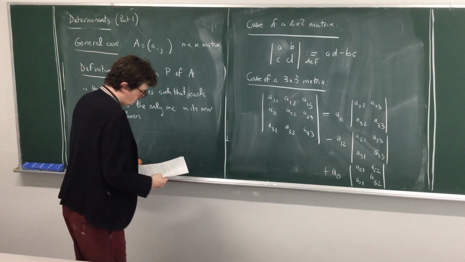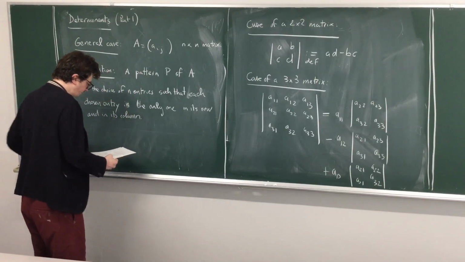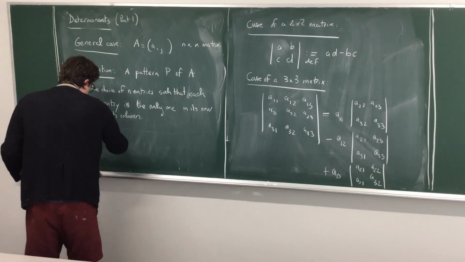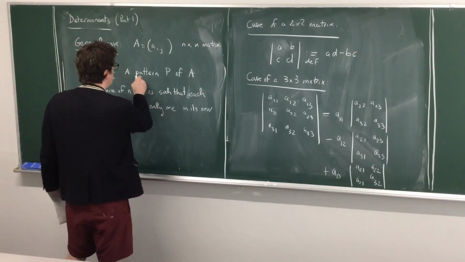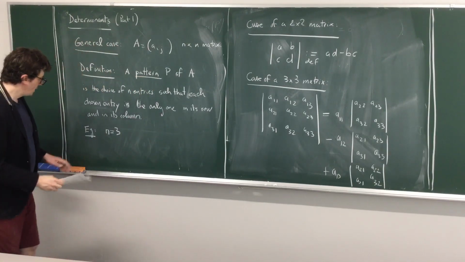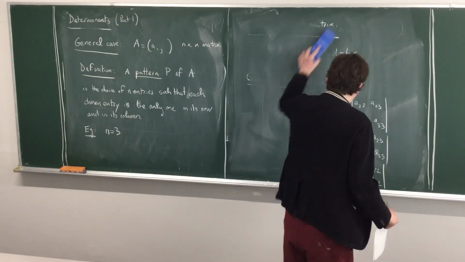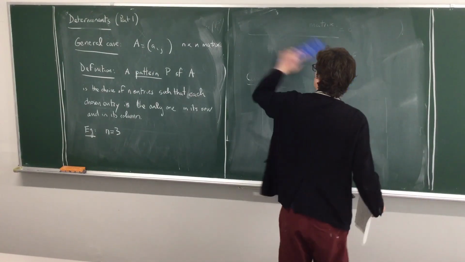Okay, so let's see an example about this. We take the case n equals 3. So the important word defined here is the word pattern. Let's see examples of patterns for a 3 by 3 matrix.